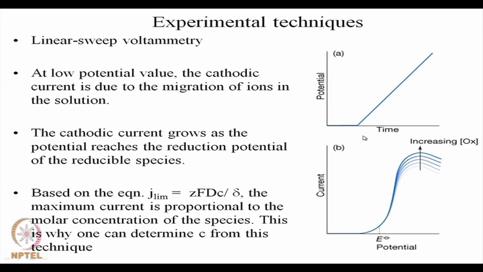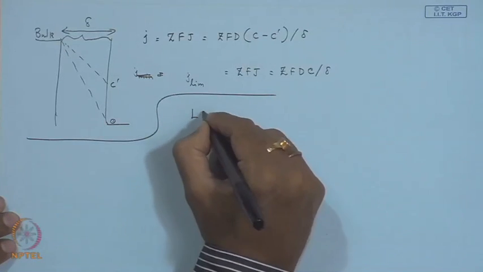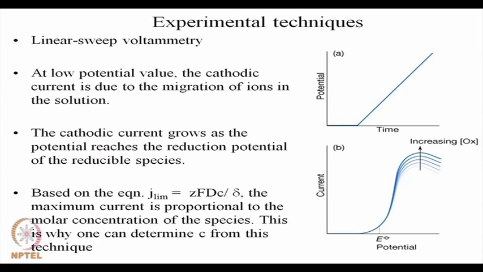Okay. Now, as I told you, an experimental technique I already talked about is potential step voltammetry. Another method is LSV, linear sweep voltammetry. So, in linear sweep voltammetry, at low potential value, the cathodic current is due to the migration of ions in the solution, and the cathodic current grows as the potential reaches the reduction potential of the reducible species.